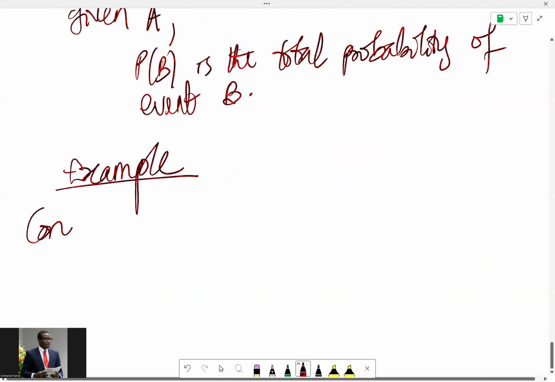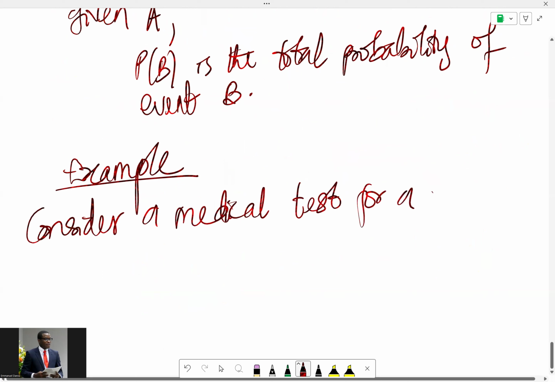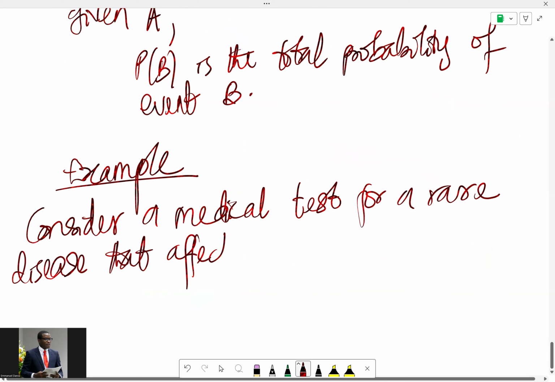So consider a medical test. Consider a medical test for a rare disease that affects 1% of the population.